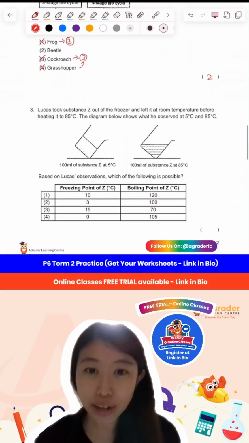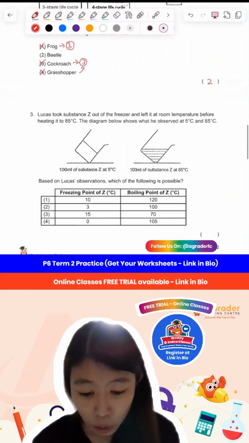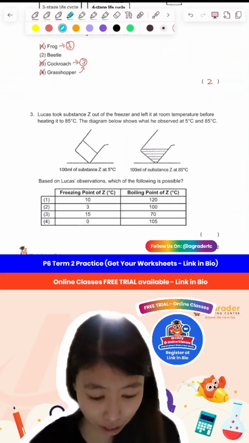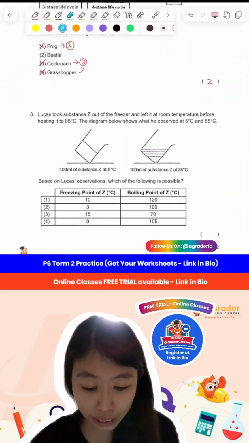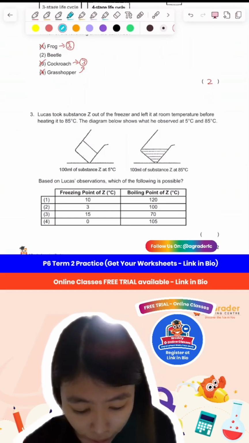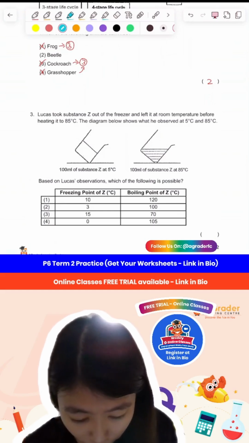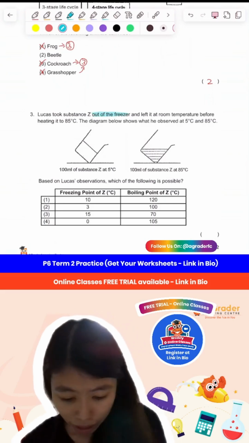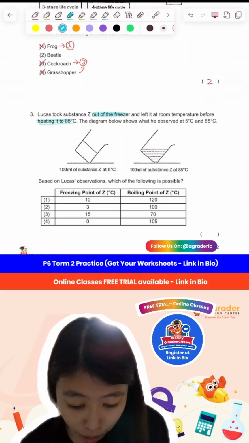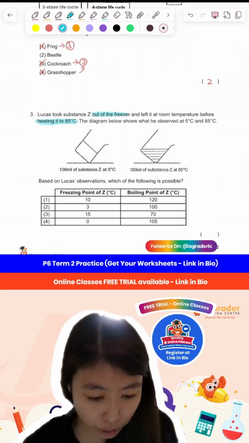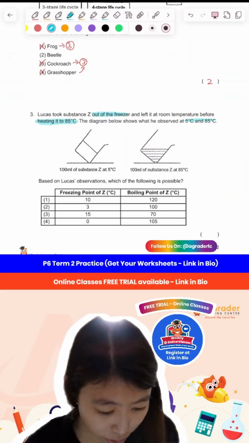For question 3, it says that Lucas took substance Z out of the freezer and left it at room temperature before heating it to 85 degrees Celsius. Take note that it is initially from the freezer, heated up to 85 degrees Celsius, and he observed what happens at 5 degrees and 85 degrees Celsius.